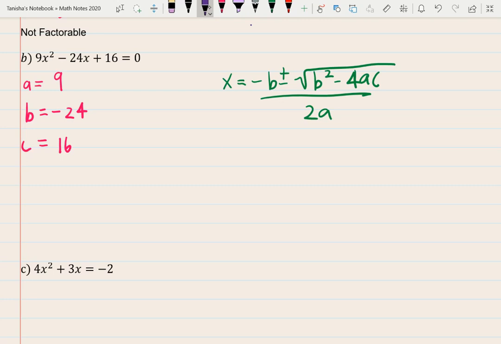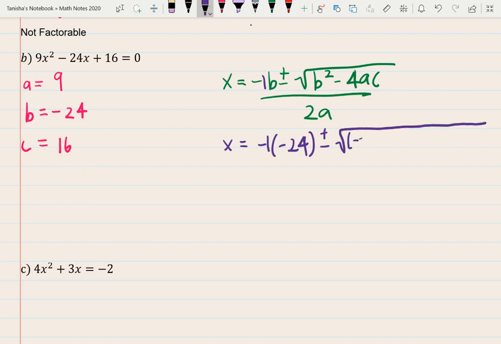So that's going to give us -24. The negative that is being multiplied to the b, let's think of it as a -1. So it's like saying -1 times b, and your b is -24. So it's -1 times -24 plus or minus the square root of b squared.